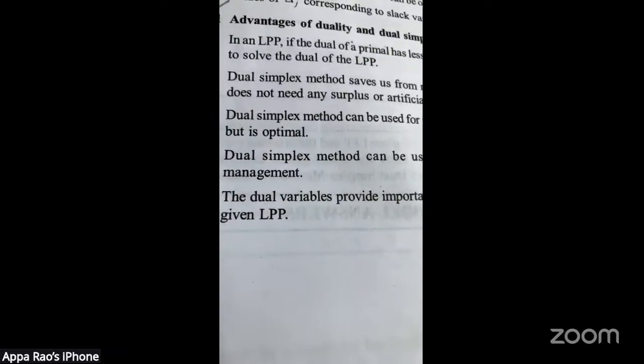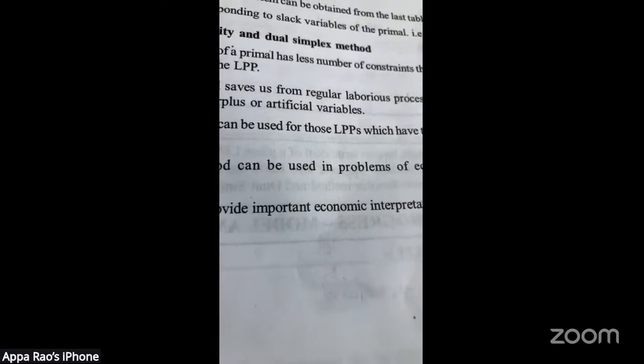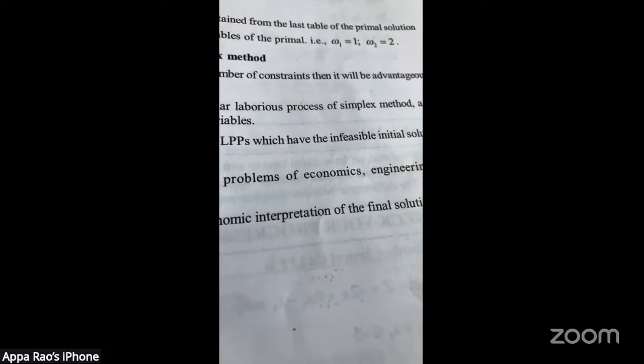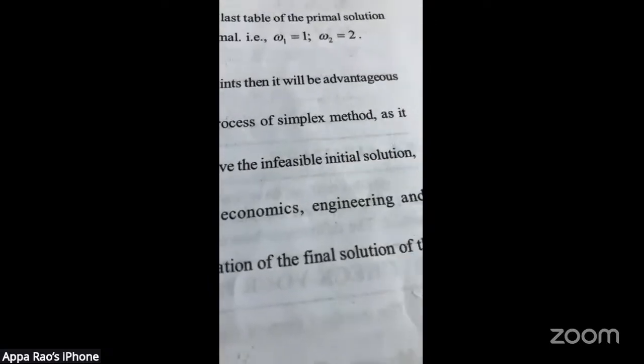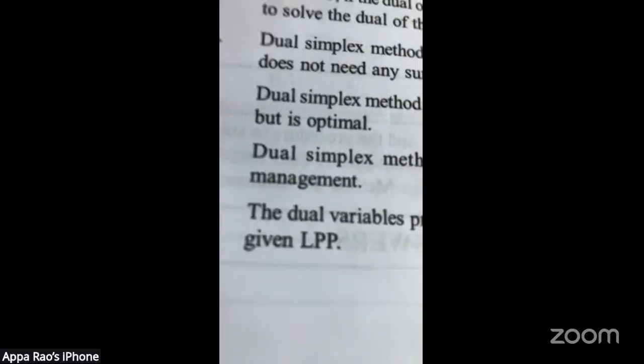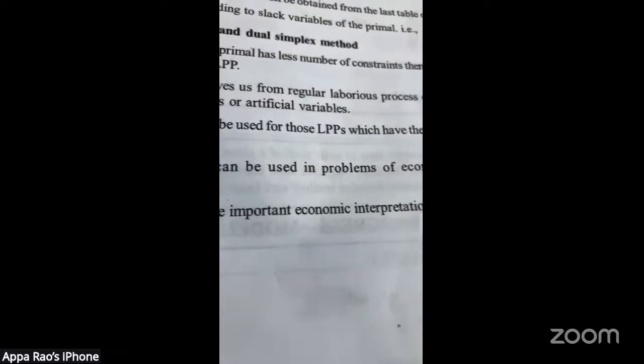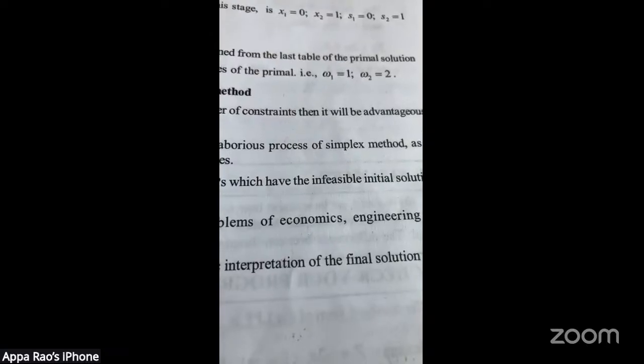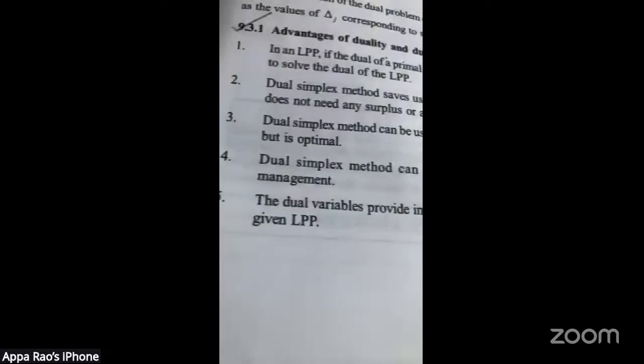Next, dual simplex method can be used for those LPP which have an infeasible initial solution but are optimal. Dual simplex method can be used in problems of economics, engineering, and management.